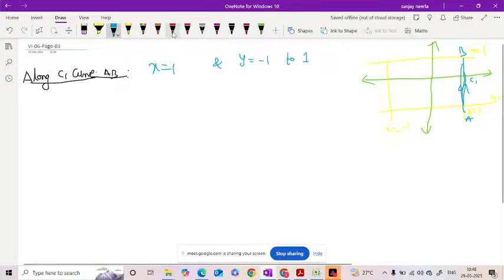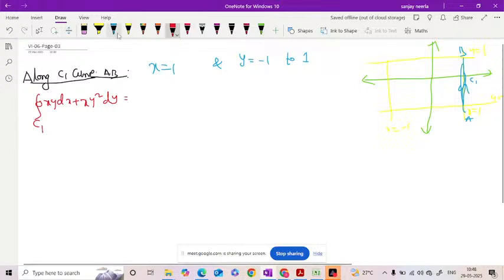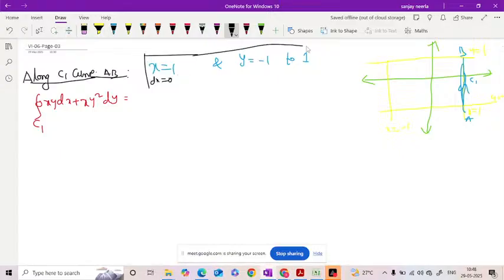Now what is our line integral? So the line integral is the integral of xy dx plus xy square dy over C1. In this one, what are the x limits and y limits? So here x is fixed, so dx is equal to 0, and the y limits are running from minus 1 to plus 1. Now substitute.